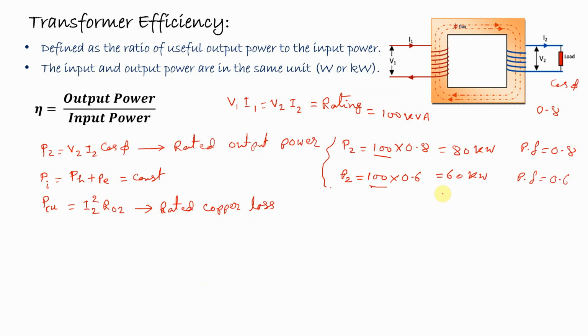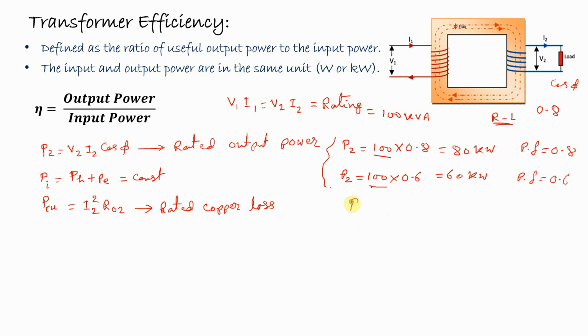Now, if we put the load in such a way that its nature, its power factor, will be the same. That means, let's say the nature of the load is resistive inductive type, where the power factor is 0.8 lagging. So we are using the same nature of load, but the total amount of the load is made half.